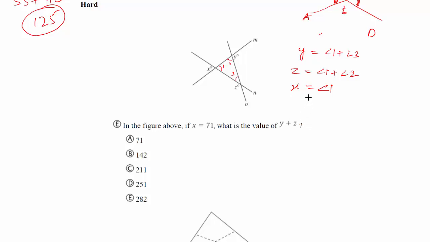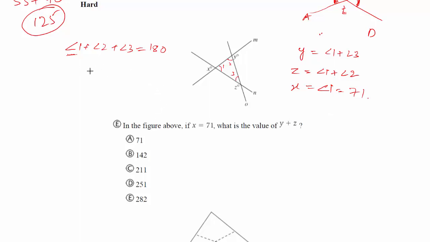We have to calculate the value of y plus z. We also know that angle 1 plus angle 2 plus angle 3 is 180, and x is 71, so angle 1 is 71.